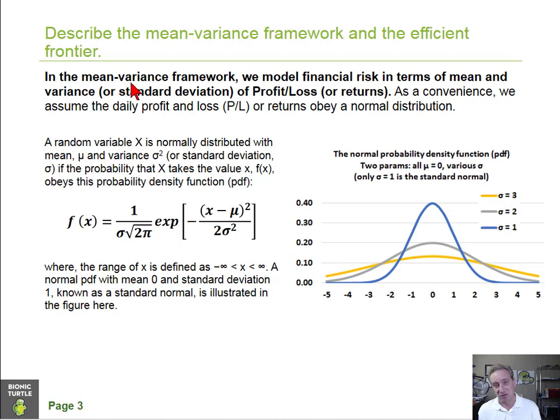What's the expected return? And then our measure of risk is variance, and its square root, standard deviation, are really the same. And so that's our very simple world where we measure both risk and return in terms of just those 2 moments. And also when we do that, we are conveniently tending to assume that returns obey a normal distribution.